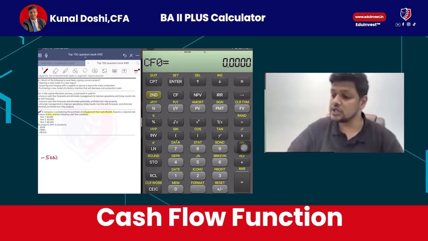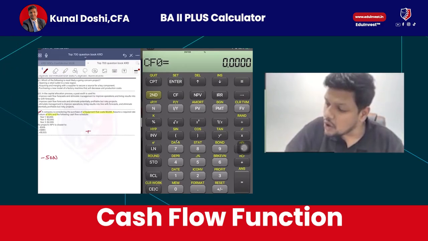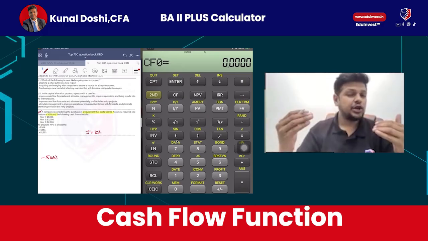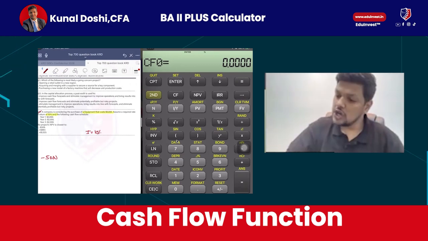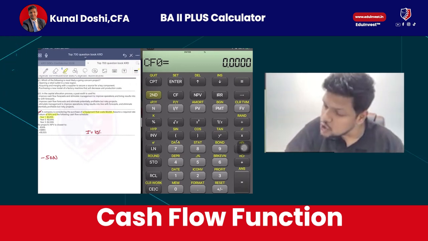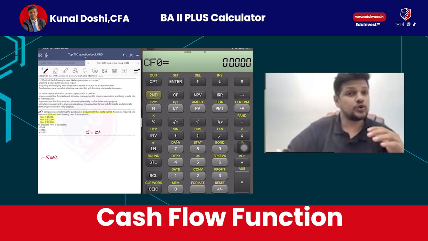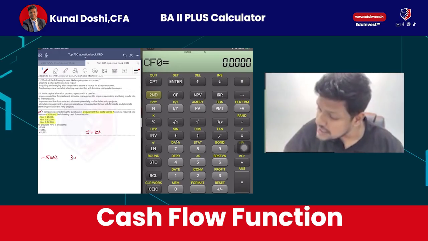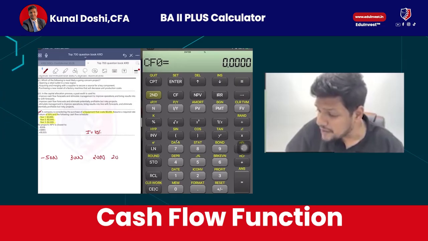Now the required return is your discounting rate or cost of capital, which is 10% I. Then they have given the following schedule, that means the future cash flows. So year 1, year 2 and year 3, you will notice these cash flows are positive. That means they are cash inflows. So in year 1, you have $3,000. Year 2, you have $2,000, and year 3 also you have $2,000.